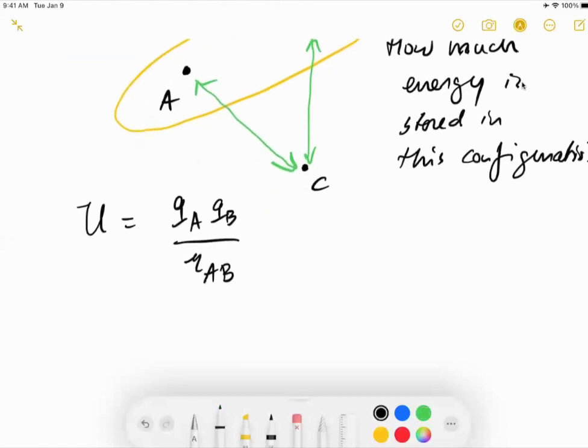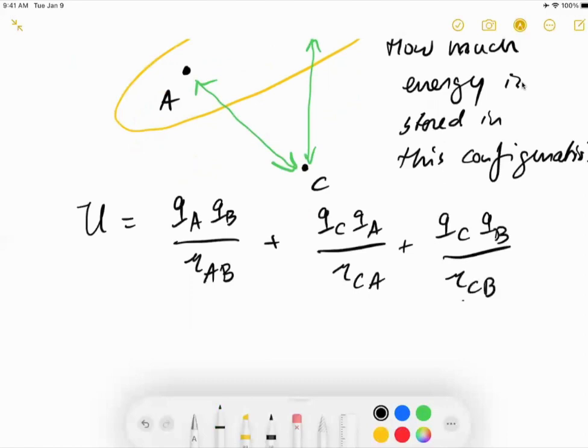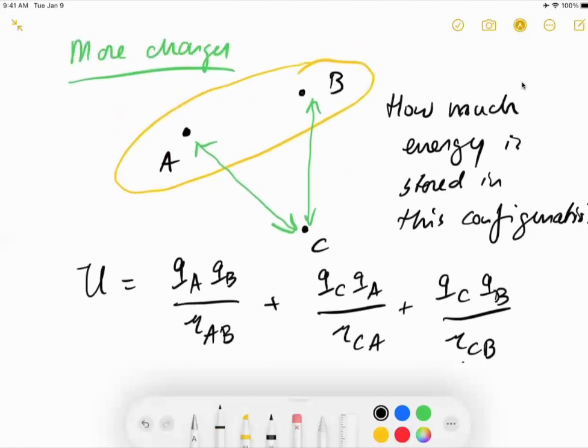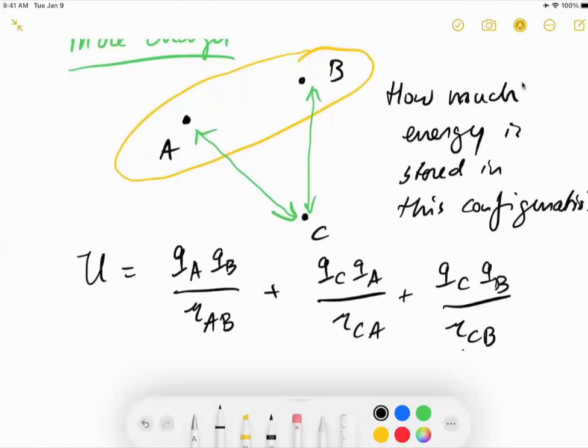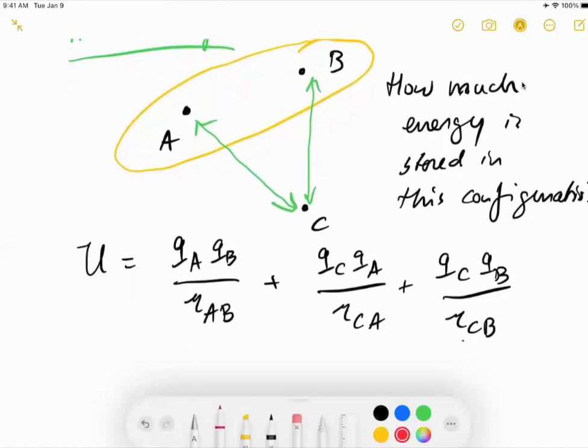So that means we take this, do QA over RCA plus QB over RCB. And now, of course, if we add a fourth to it, let's say we're taking D, we have to then consider this one and this one.